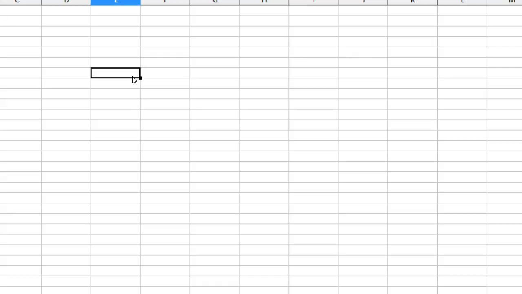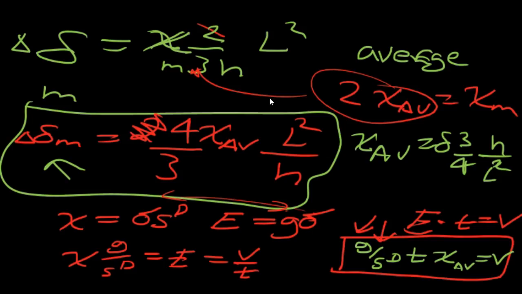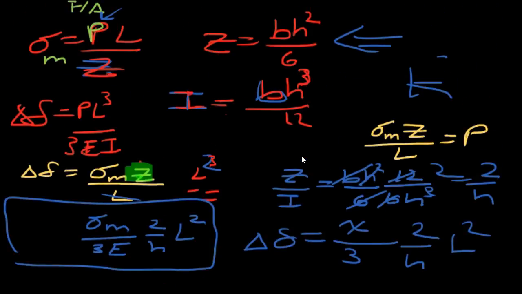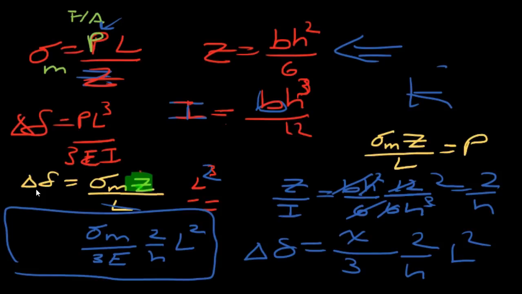If you go back to our PDF or whatever, we had this relationship between displacement and stress. So how can we get to the strain? The stress divided by the elastic modulus is going to be the strain.